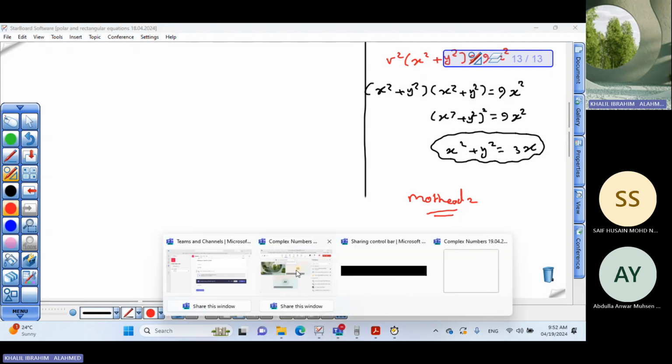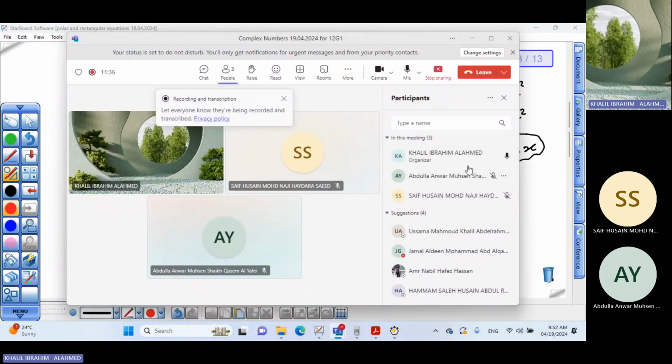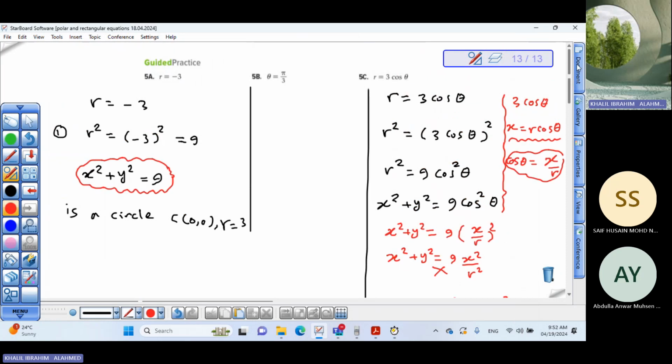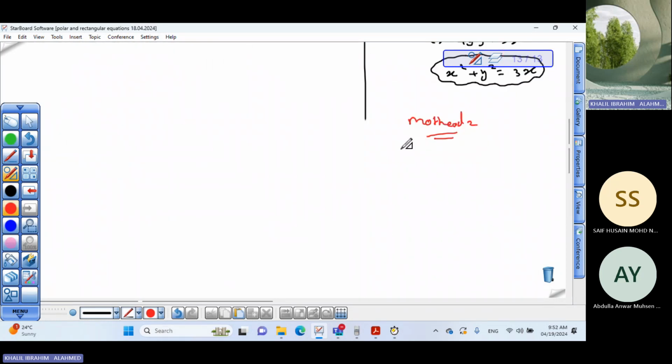Okay, this example, as you see, r equals 3 cosine theta. We can multiply both sides by r.